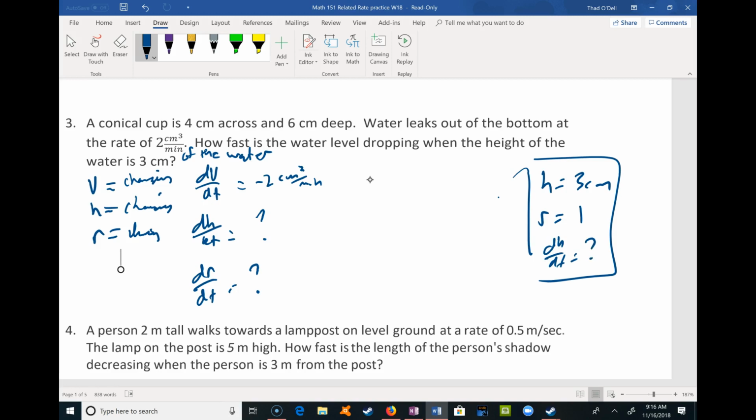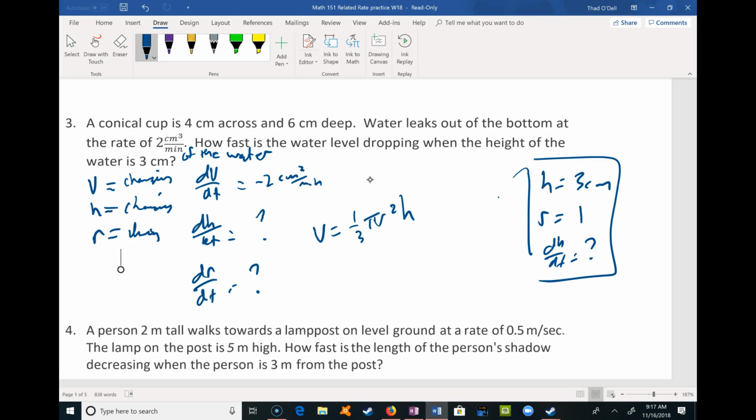Now when I write that equation, volume is equal to 1/3 pi r squared times height. Now do you see why the r is a problem? Because I see that big question mark right there. That's why having an r in my equation is a problem, because I don't know dr/dt.